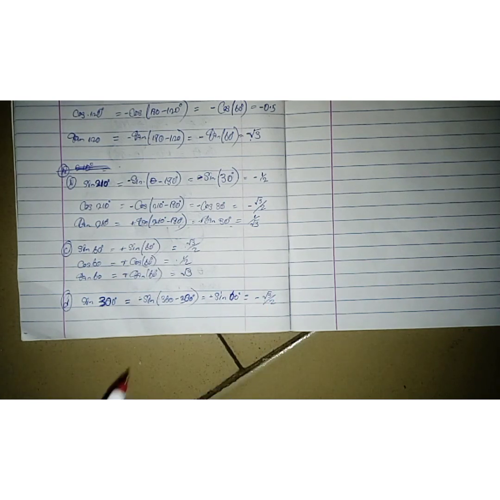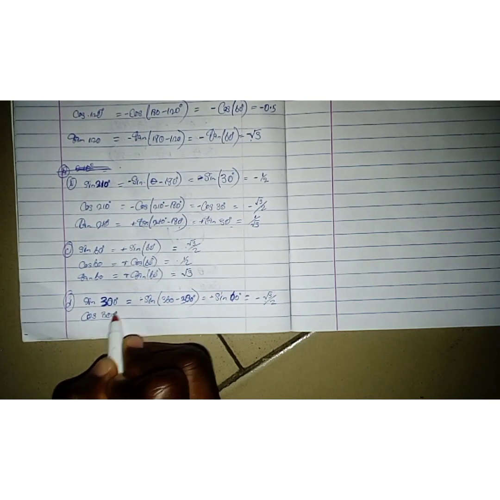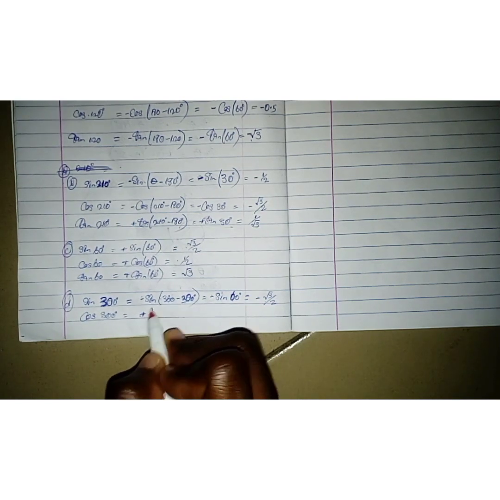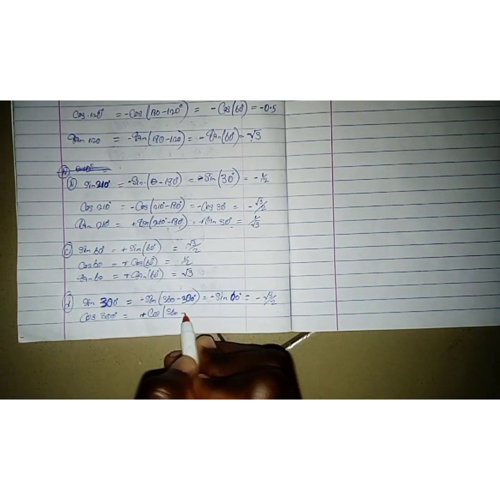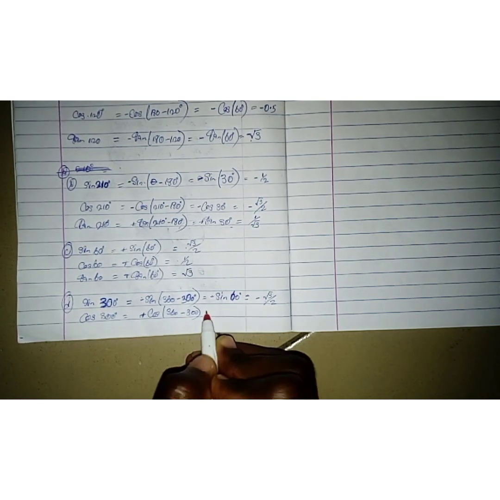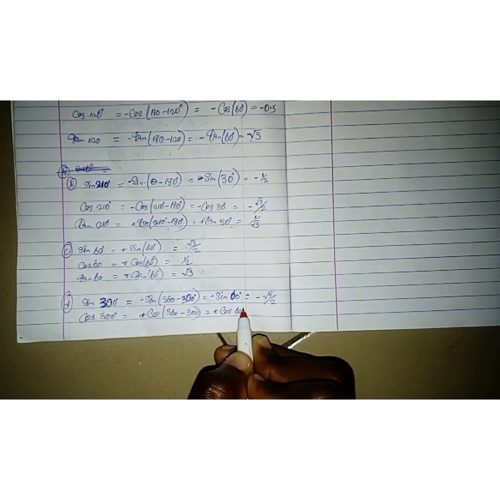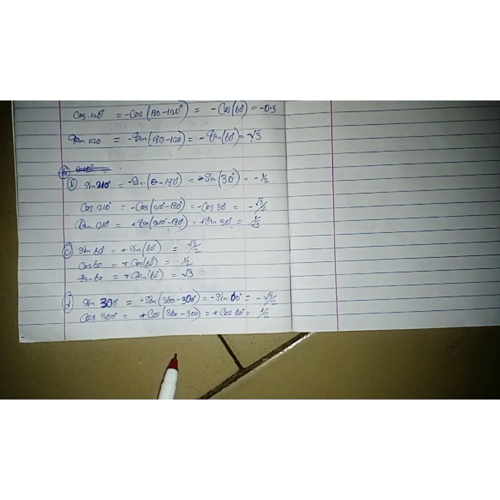And for cos 300 degrees, it equals positive. You should know that at the fourth quadrant, only cosine is positive. 360 minus 300 is positive cos 60 degrees, which is positive 1 over 2. So at the fourth quadrant, cos 300 is equal to half.